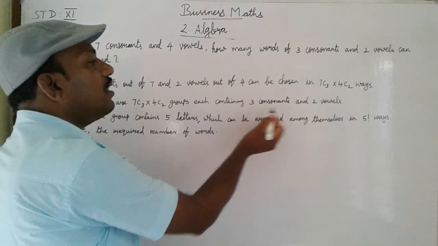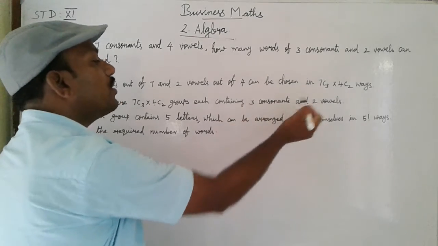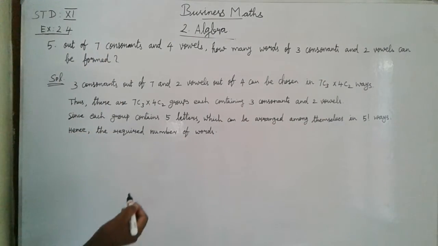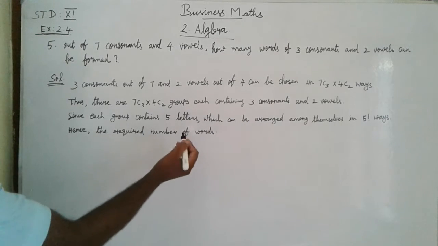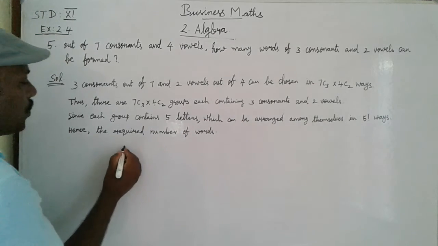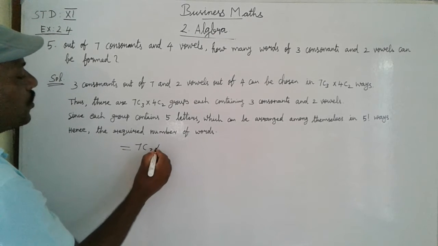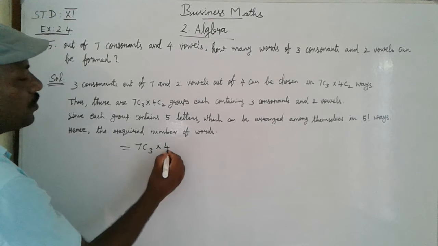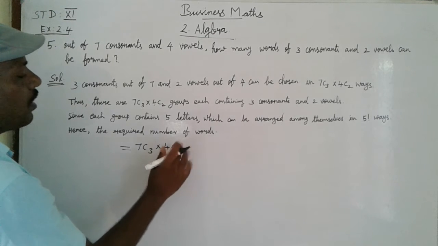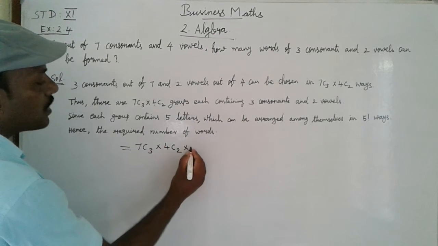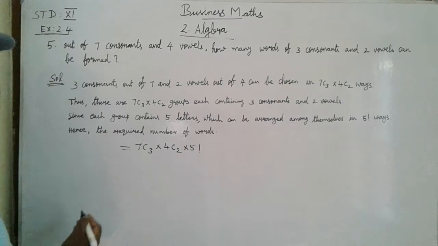This is 3, these are 2. 3 plus 2 is 5. So 5 factorial ways we should take. Hence the required number of words equal to 7c3 into 4c2 into 5 factorial.